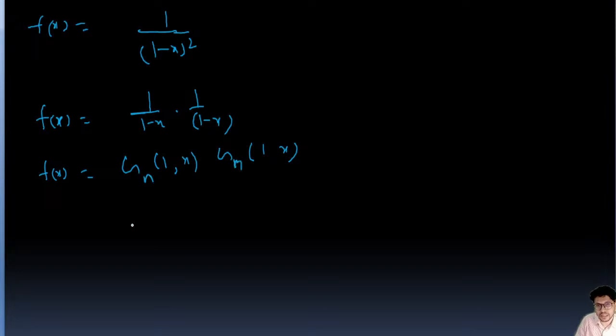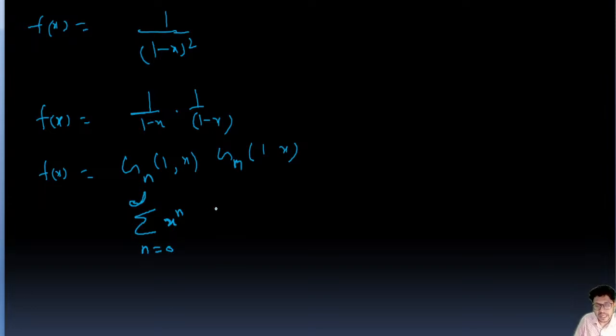Okay, so we can write like this, and this value we know is the sum over n equal to 0 to infinity of x to the power n.